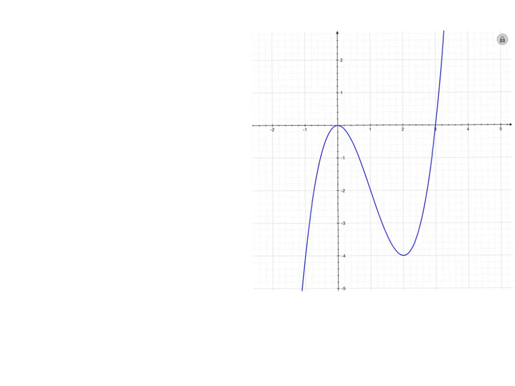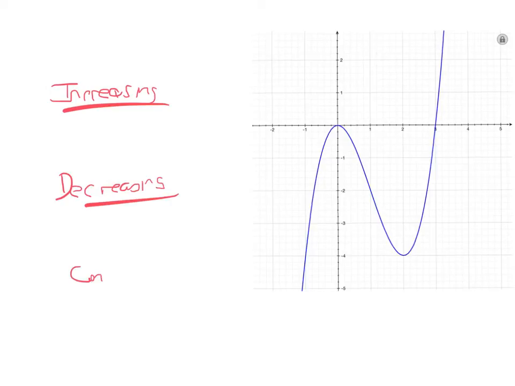Here's another example. We're going to write down the intervals where this function is increasing, decreasing, or constant. Notice this one has a little bit more change. From left to right, we're increasing, decreasing, and then increasing again. Our first interval is from negative infinity all the way up until x is equal to 0.